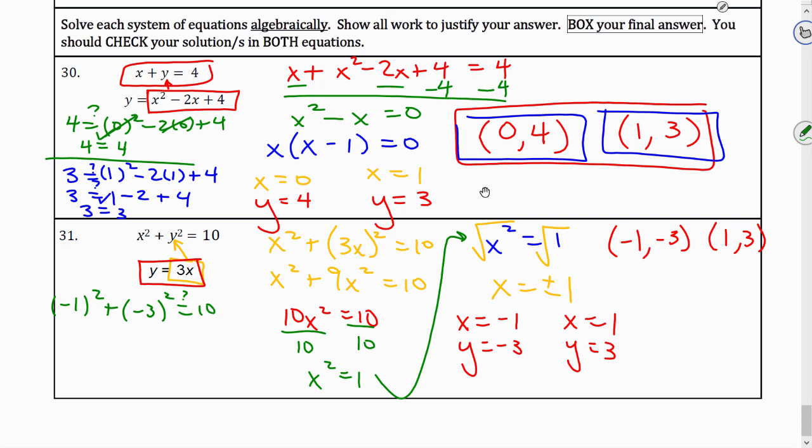Negative 1 squared is 1, negative 3 squared is positive 9, and that does equal 10. Then I'll check the second one: 1 squared plus 3 squared, does that equal 10? I get 1 plus 9, which does equal 10. Those both work.